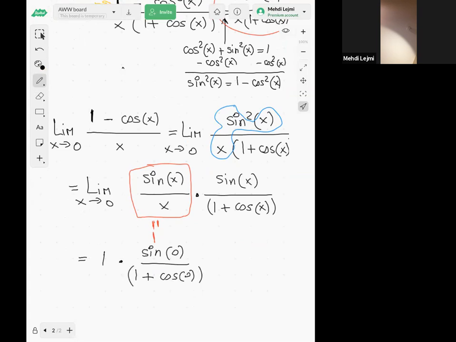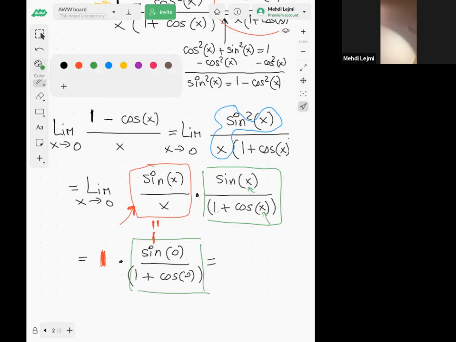Again, I just substitute x by 0. I know this limit, sine of x over x, is equal to 1, so that's my 1 here. Now what's left is this thing here, and I substitute x by 0: sine of 0 over 1 plus cosine of 0. Sine of the angle 0 is 0, and cosine of the angle 0 is 1, so in the denominator it's 1 plus 1.